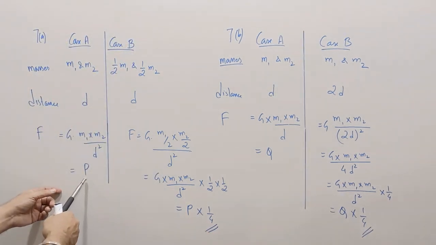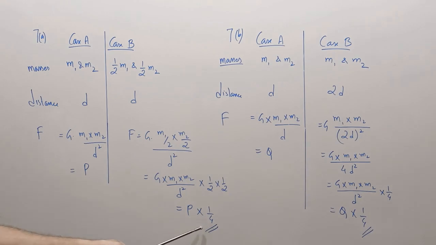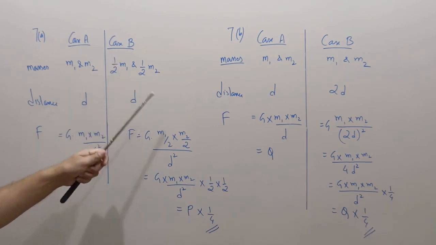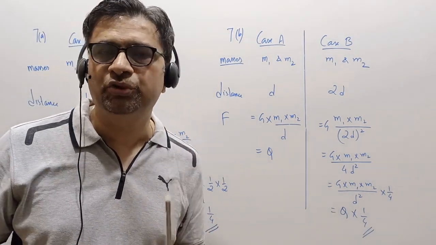So as you can see, if the force in the first case was P, the force in the second case is 1 by 4 of P.